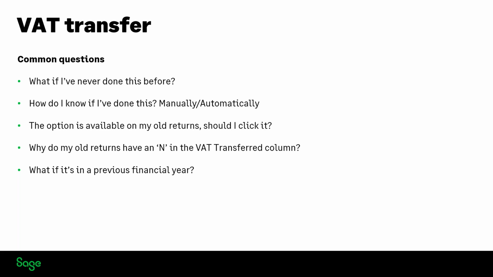You may have done it manually, you may not have, you may have done it for some, but not others. Again, linking into that second question there, how do I know? Check the VAT liability activity. It links in with that third question as well. Now you might be thinking, well, they're all the same questions. Yeah, we'll probably get another 20 different variants of that to our support line asking exactly the same thing.